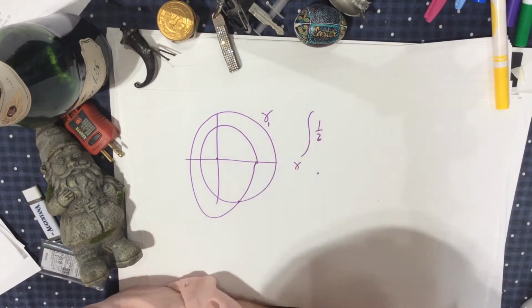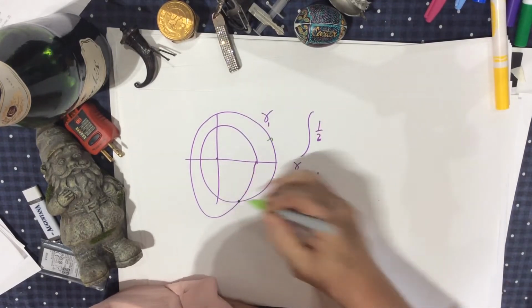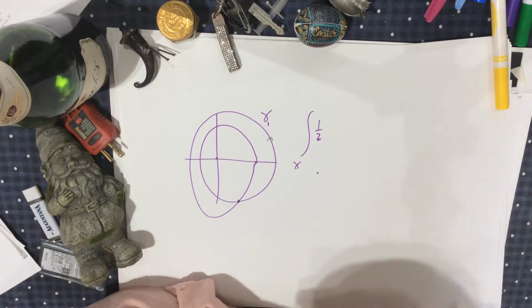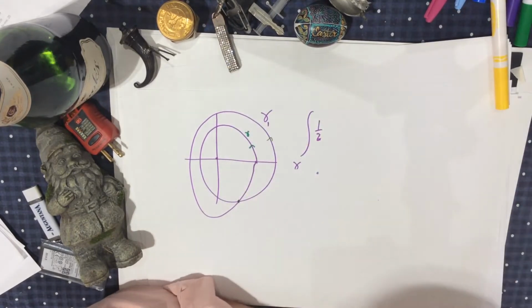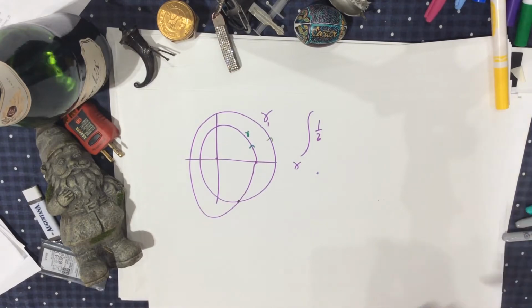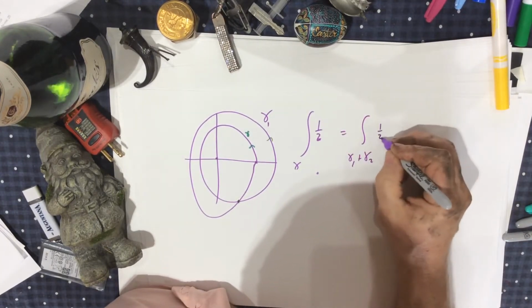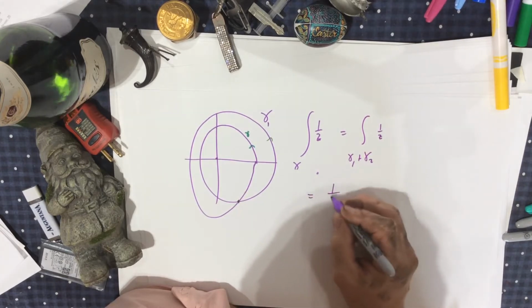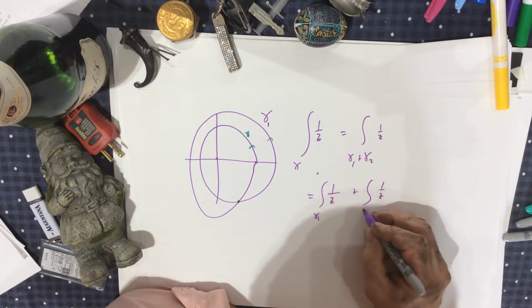So gamma 1 is just going to be this piece that comes to there, and then gamma 2 is going to be this piece that comes from there. And so this integral will become the integral over gamma 1 plus gamma 2 of 1 over z, and then it will be the integral of 1 over z over gamma 1 plus the integral of 1 over z over gamma 2.